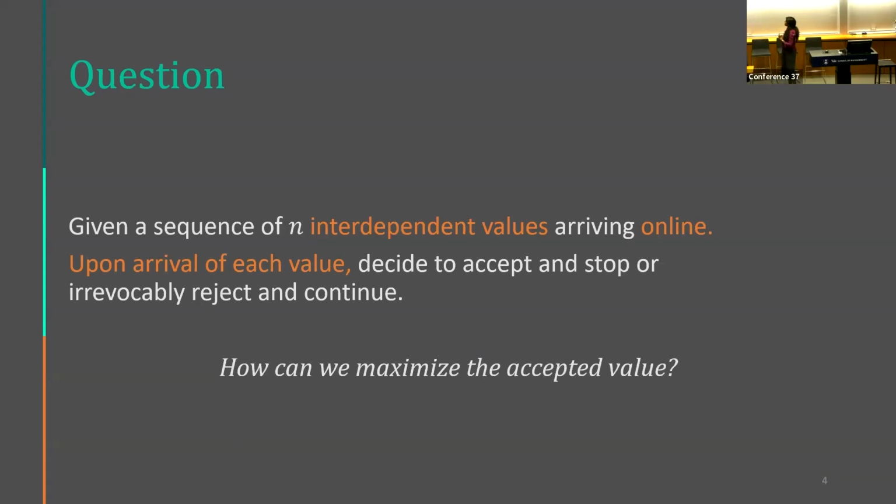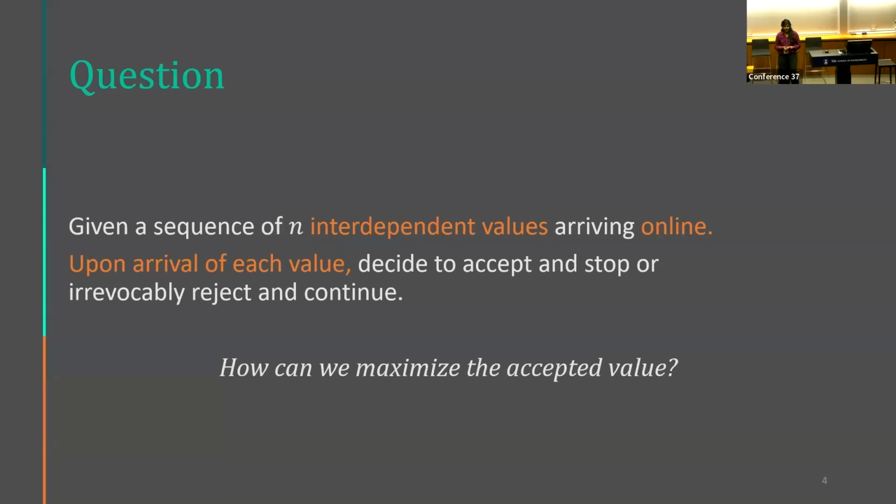So the question we are faced with is, given a sequence of n interdependent values arriving online, where upon arrival of each value, I have to decide whether to accept and stop the process or irrevocably reject them and continue and see the next case, right? And the goal here is to, of course, maximize the value of the accepted option.